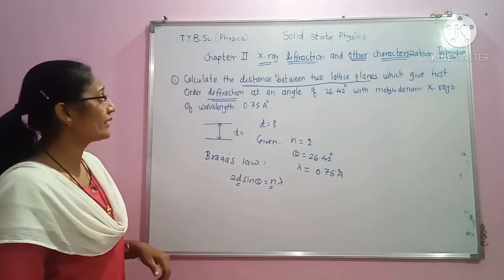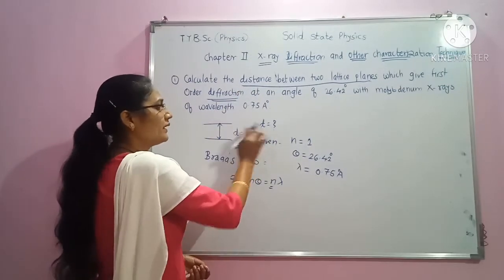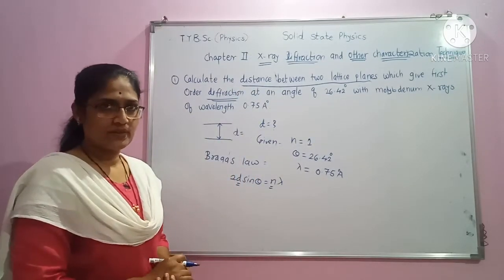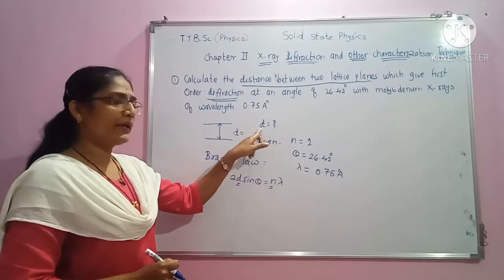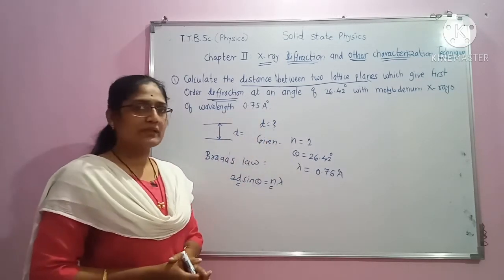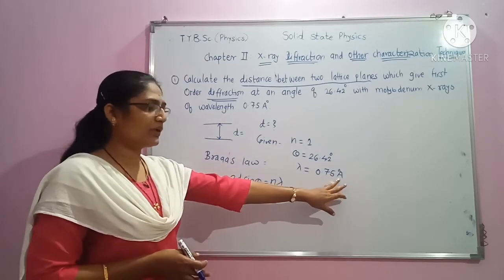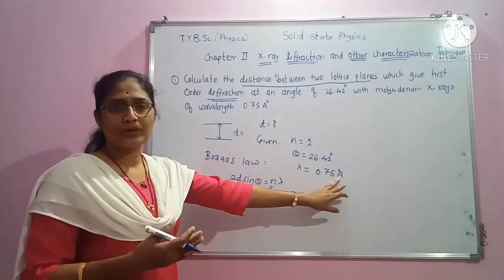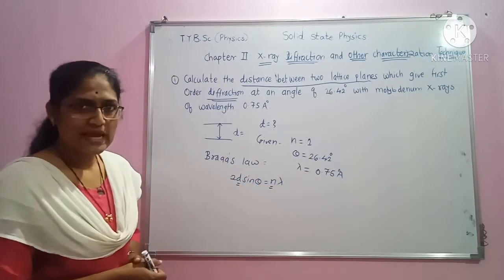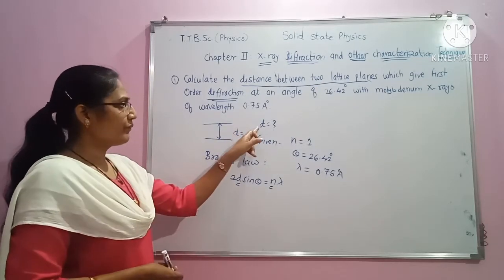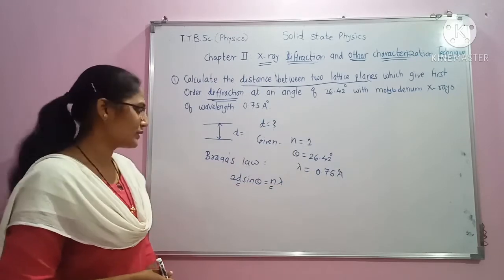And we have to find the distance D, the interplanar distance. The wavelength is also a distance and the interplanar distance is a distance. So if you want, you can convert it into centimeter or meter, or there is no need to convert for this example, because this will also have the same unit, angstrom.